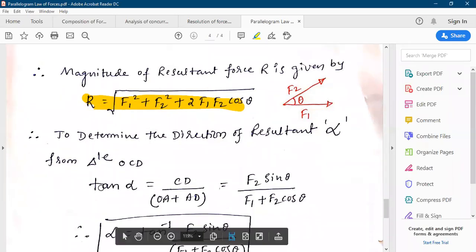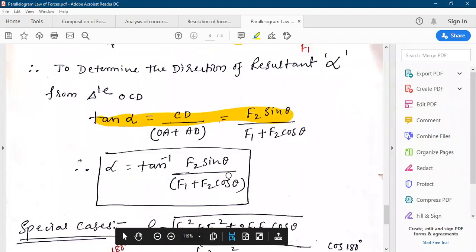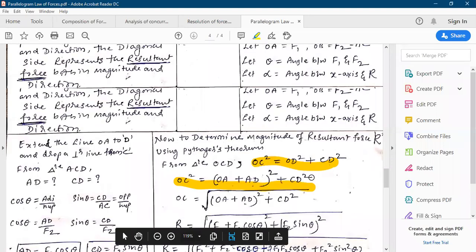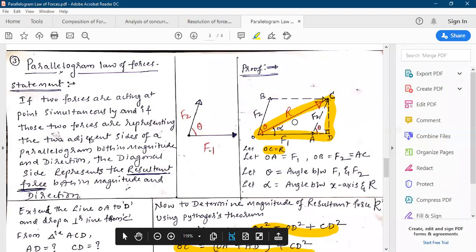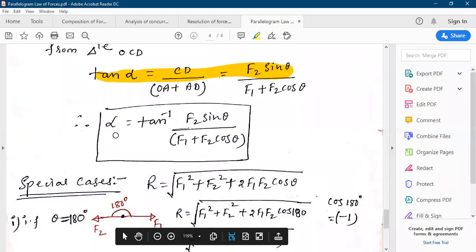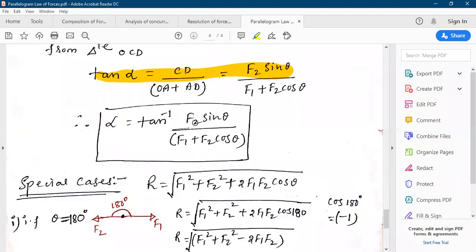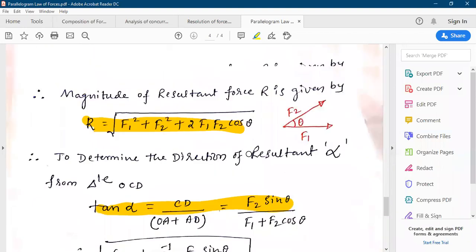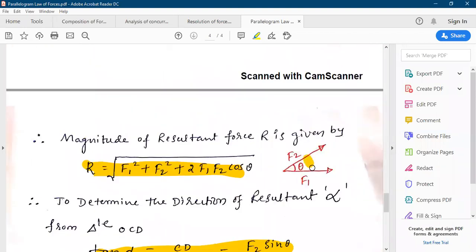Similarly, we can determine the direction of this resultant force, which is the angle of inclination of the resultant force with respect to the x-axis. This is the alpha which we are trying to calculate: alpha is equal to tan inverse of f2 sin theta divided by f1 plus f2 cos theta, where theta is the angle of inclination between the two forces.